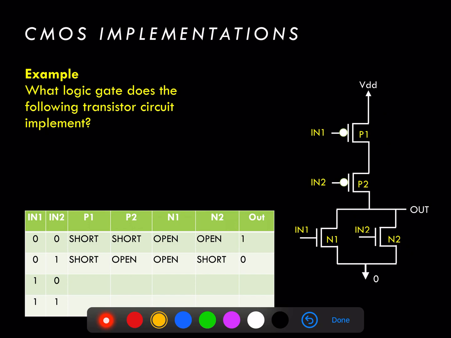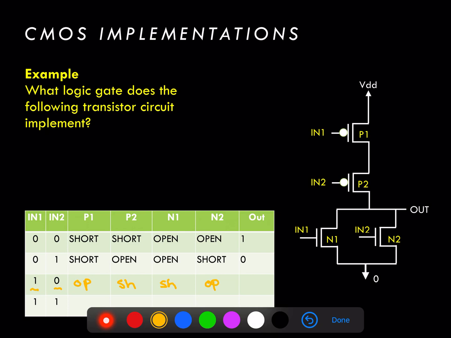Moving on to the next combination, when N1 is equal to 1, that means the transistor P1 will be an open circuit, and the transistor N1 will be a short circuit. When N2 is equal to 0, P2, on the other hand, will be a short circuit, and N2 will become an open circuit.